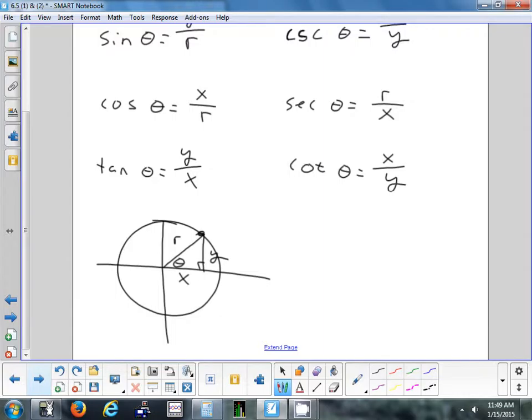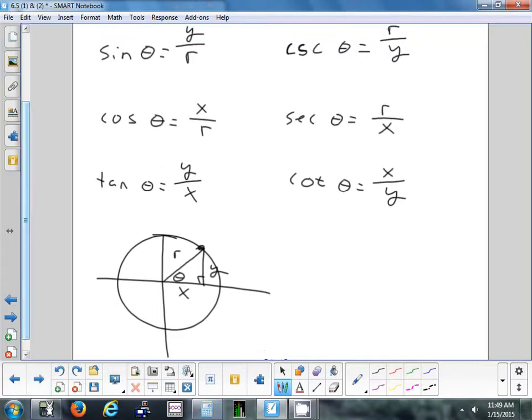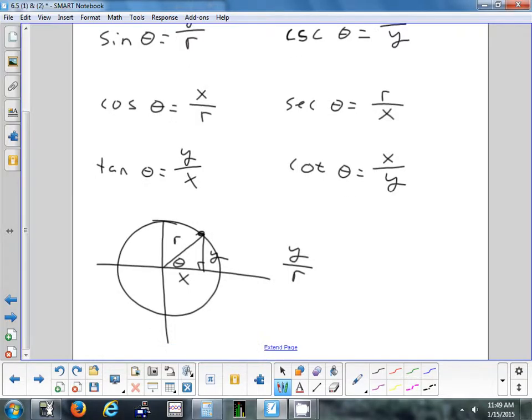Sine is opposite over hypotenuse. Look at what side is opposite theta: y. Look at the hypotenuse: r. Opposite over hypotenuse, y over r. It's exactly the same thing. No difference between this and right triangle trig.